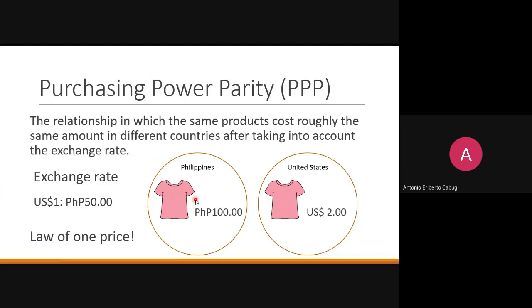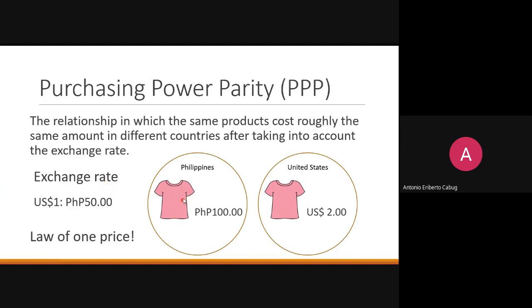However, it is important to take note that there are two versions of PPP. What is being described here is the absolute PPP. The other version of PPP is called relative PPP.